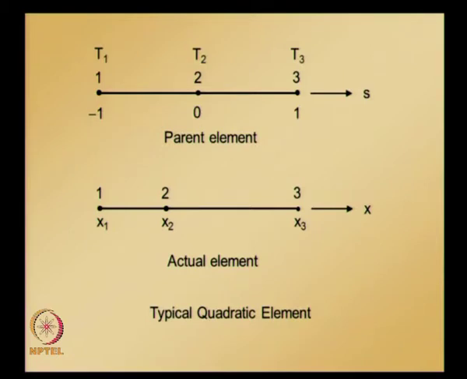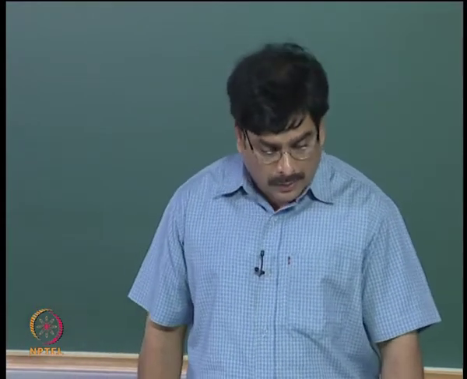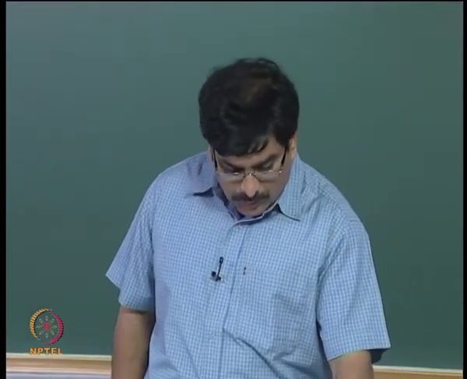For mapping to be valid, or for Jacobian to remain positive everywhere over the entire element, that is s going from -1 to 1, the location of node 2 should satisfy the condition that we derived in the last class: it should not be closer than L over 4 to either node 1 or node 3, where L is the total length of the element.